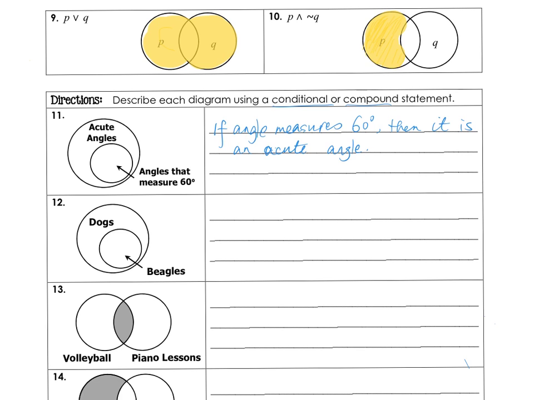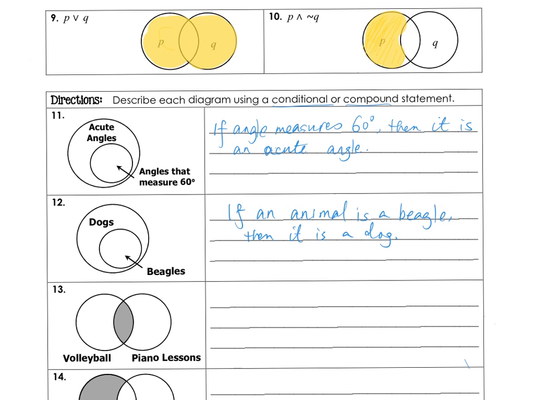Number 12, all the beagles are also dogs, right? So if an animal is a beagle, then it is a dog.